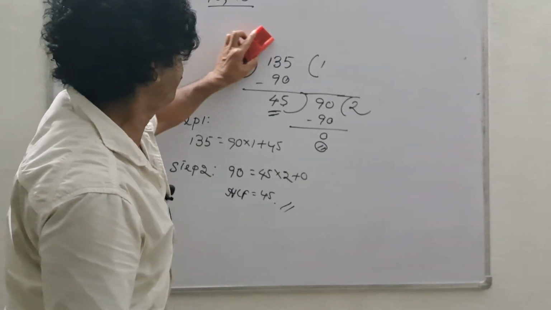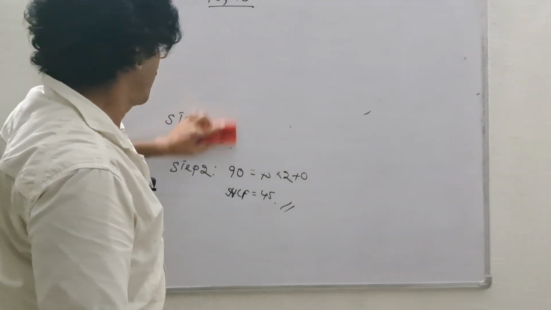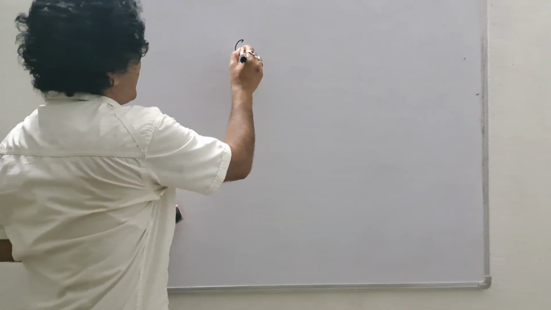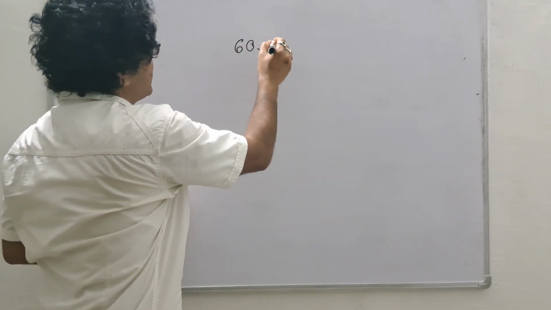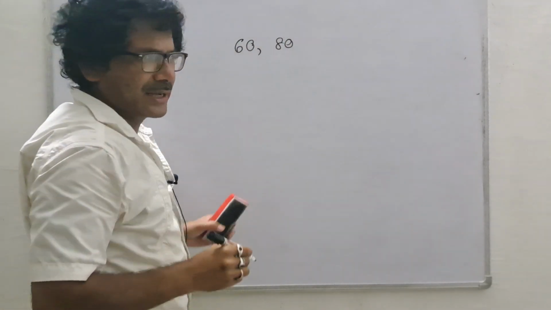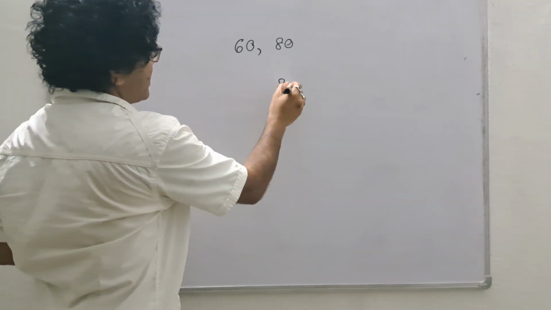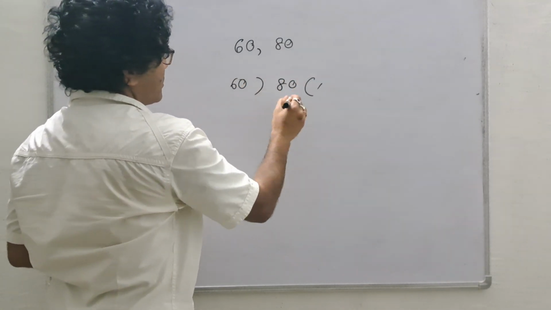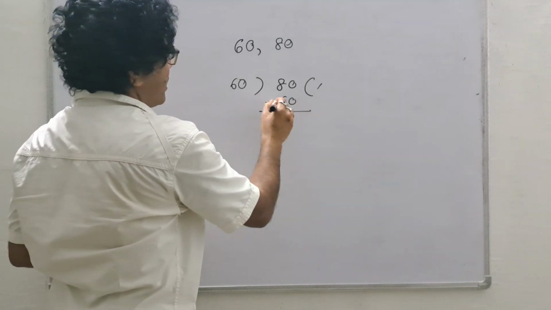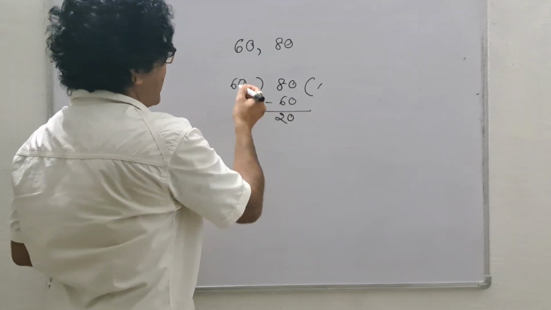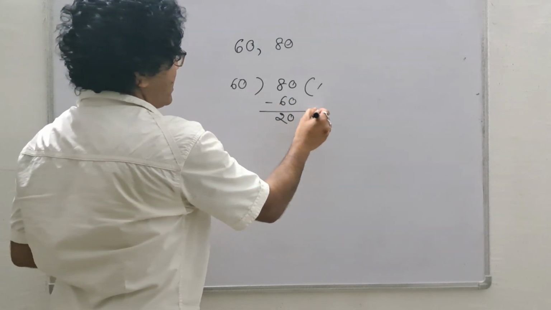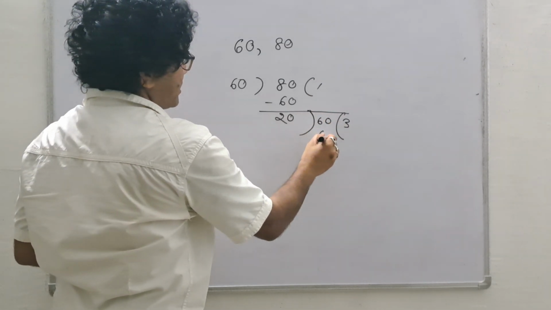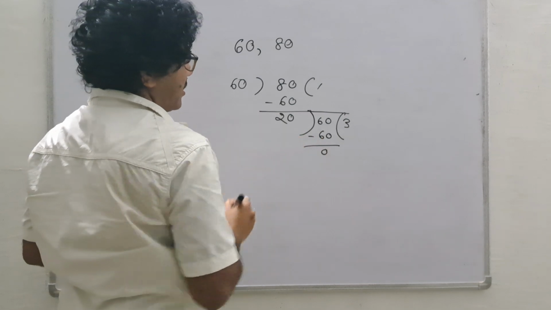Now one more question for you. Find the HCF of 60 and 80. 80 is greater than 60, so we divide 80 by 60. The quotient is 1, and 80 minus 60 is 20. Again, this divisor should be divided by this remainder: 60 divided by 20 gives 3.